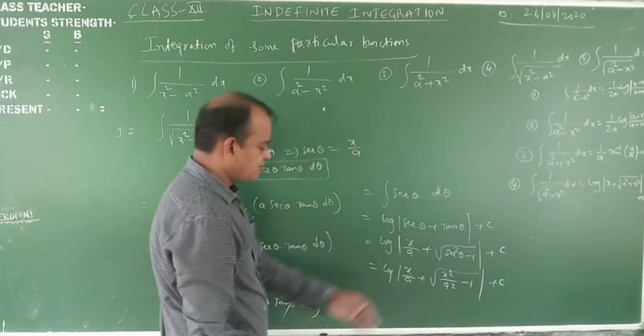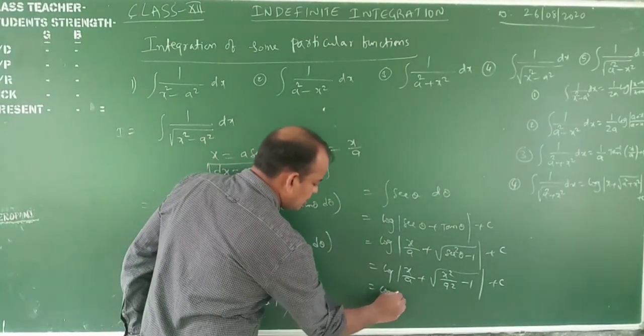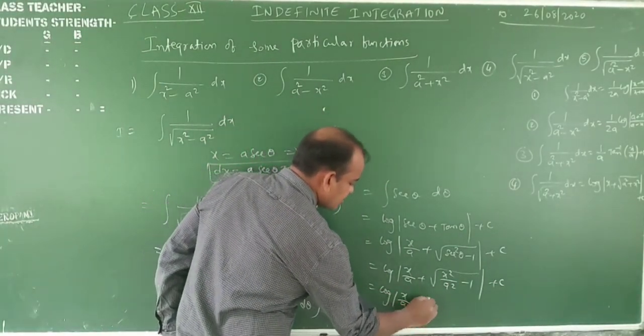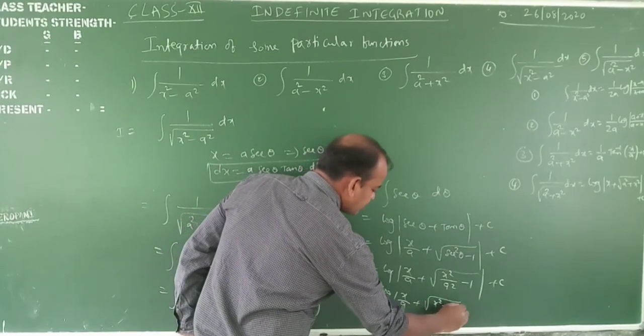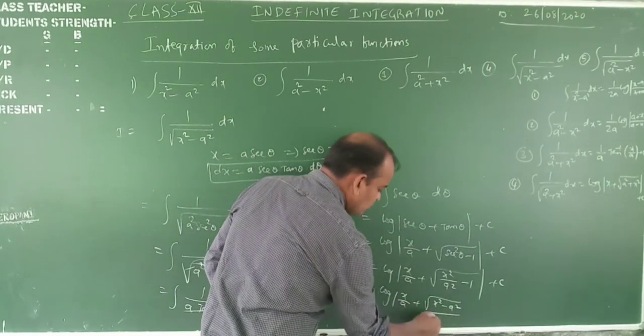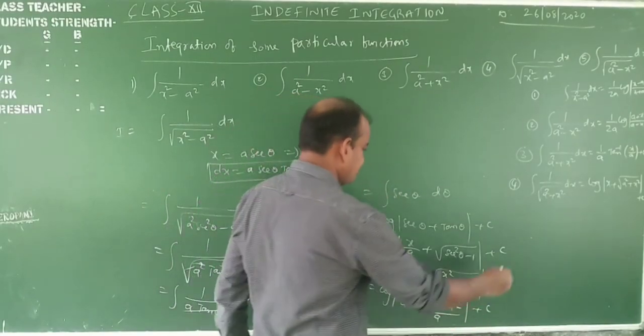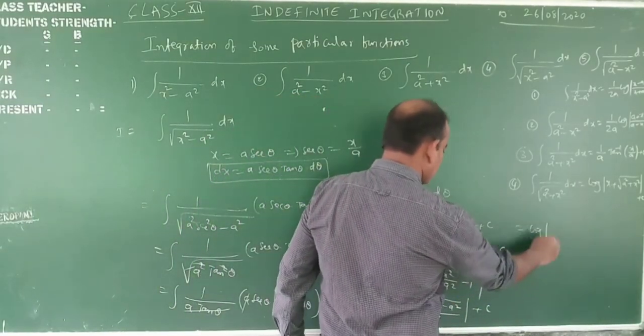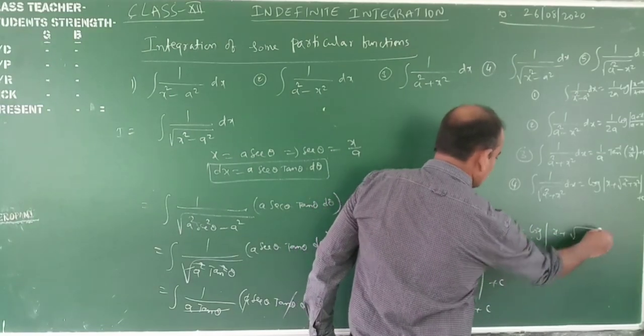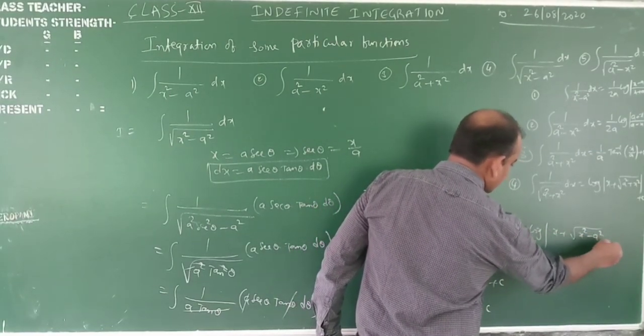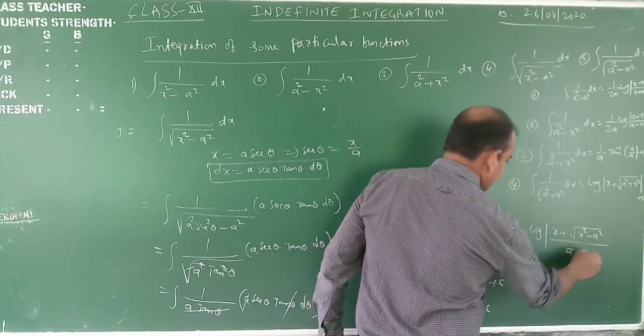Now the LCM is a square: log mod x by a plus root over x square minus a square by a only. Again, taking the LCM the same way: log mod x plus root over x square minus a square by a, plus c.